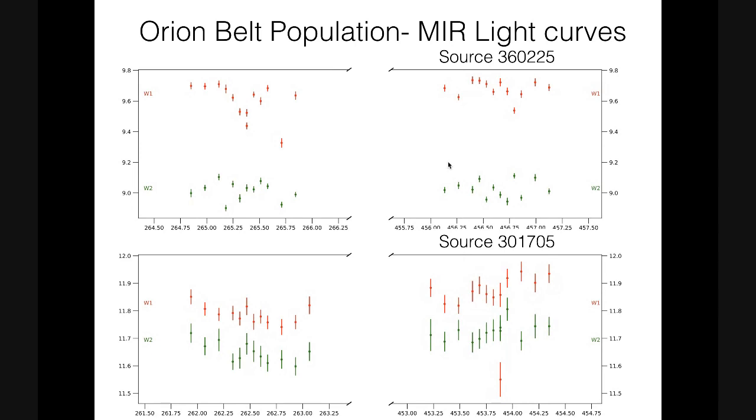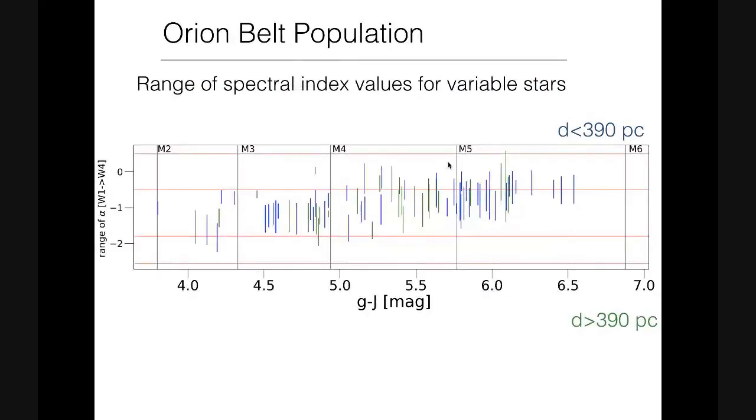Some of them should be related to the presence of the disk and changing of the geometry of the system, but some of them can be interpreted as just an imprint of stellar activity.